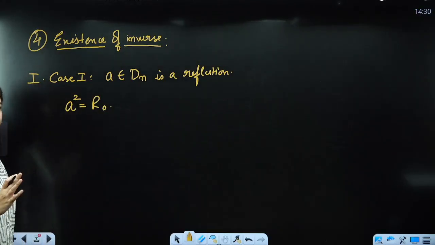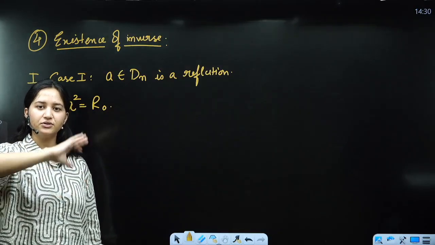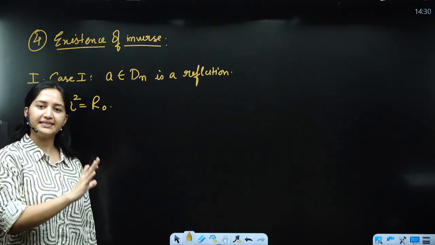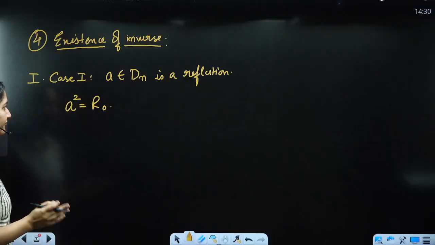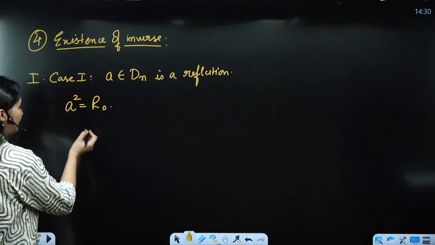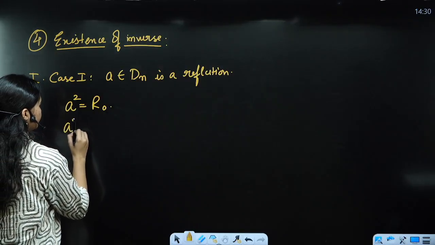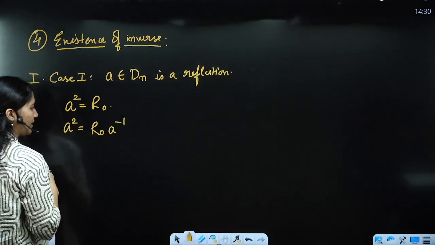We know that if you apply a reflection once to a symmetry, and if you again apply that reflection, you are going to get the same arrangement of the shape back again, right? So every reflection is of order 2. So if I multiply by A inverse on both sides, what am I going to get?